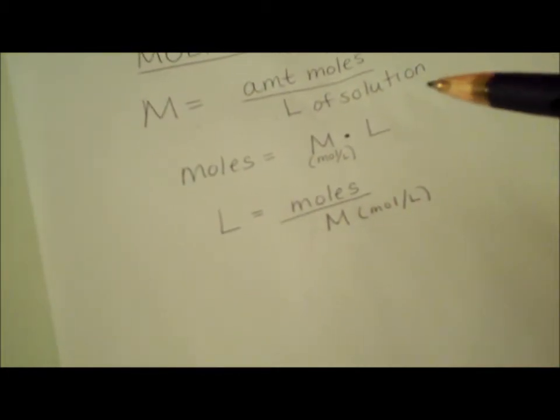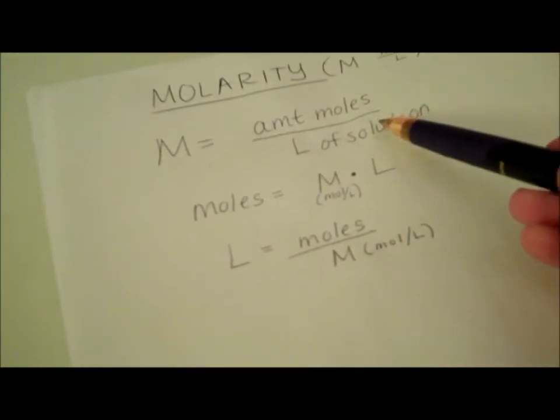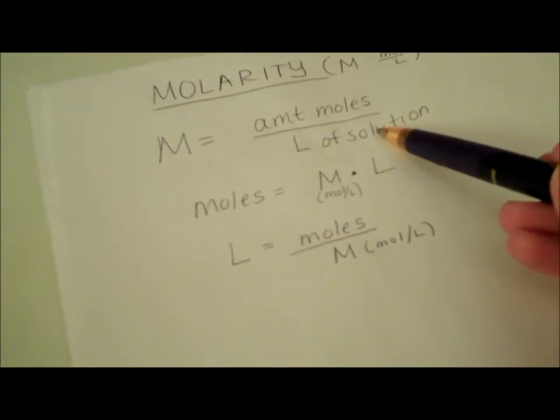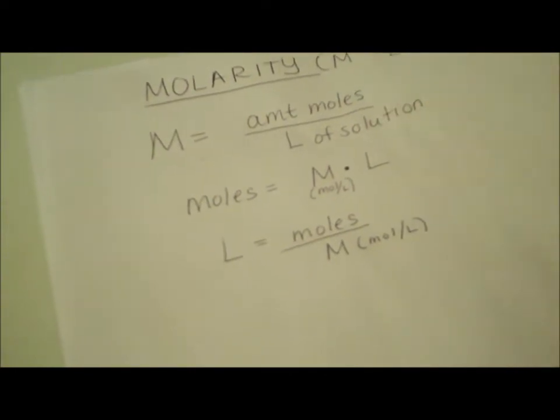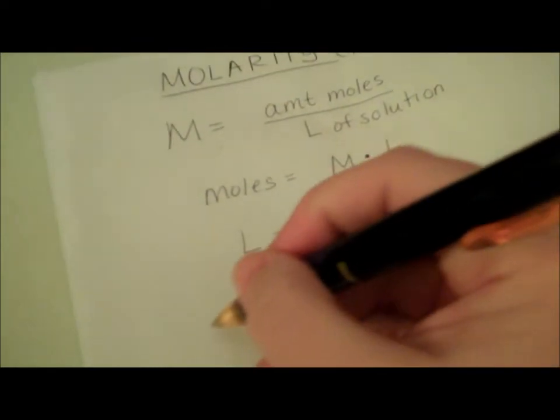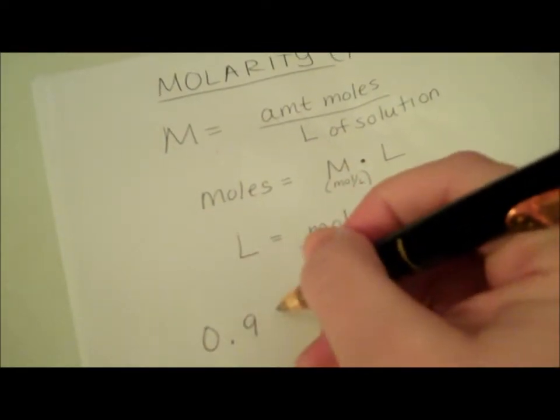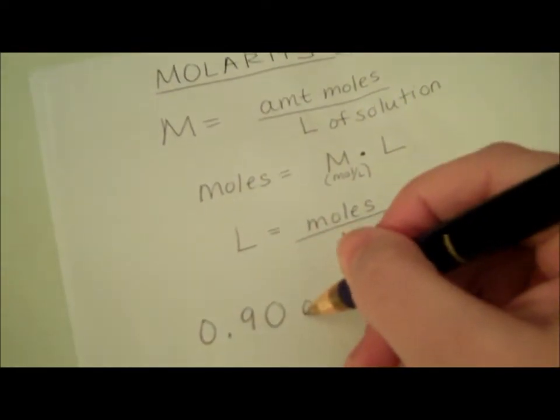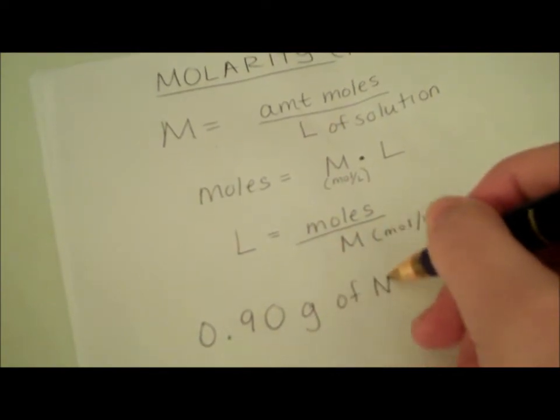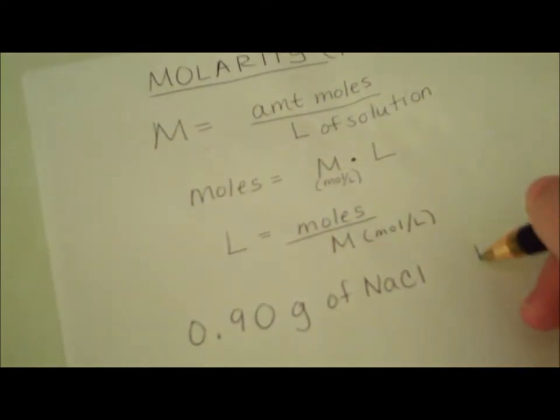Now, the easiest thing to do is calculate molarity with your two givens. So let's say that for IV fluids, it has a 0.90 gram of NaCl per 1 liter.